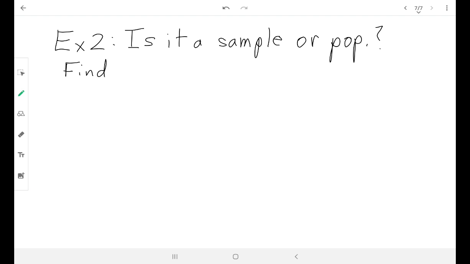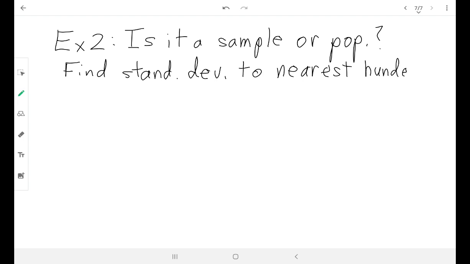Find the standard deviation to the nearest hundredth. And that is going to require a calculator.